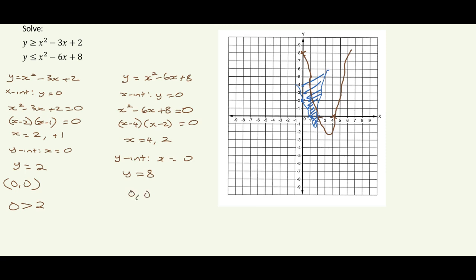We'll put the point 0, 0. So we're saying 0 is less than or equal to 8, which is true. And so any part of the graph that has the origin is going to be valid. So the region where the blue and the brown intersect is the region that satisfies this inequality.